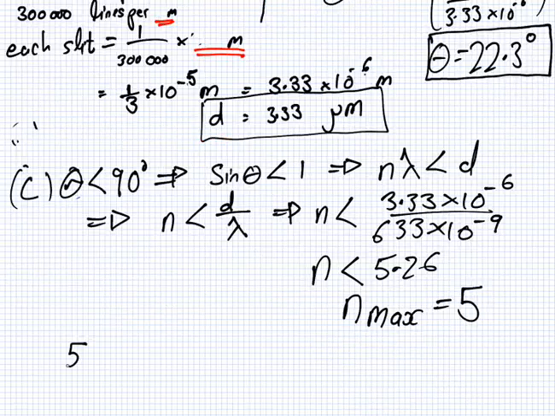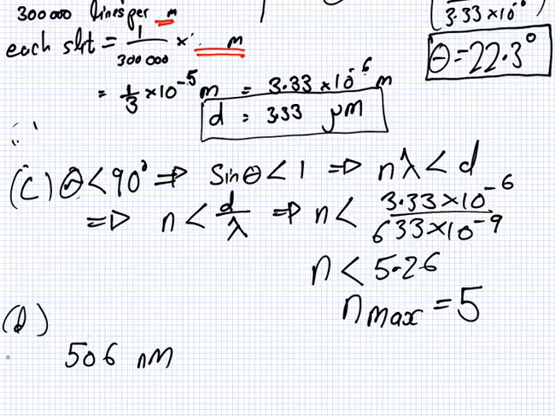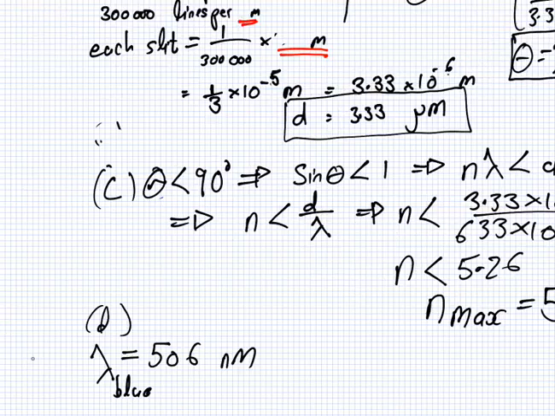So that means sine theta must be less than 1. So then that means n lambda must be less than d. So that means n must be less than d over lambda.